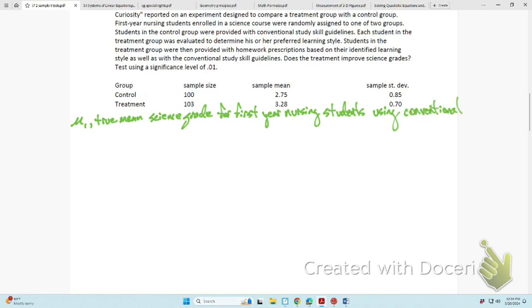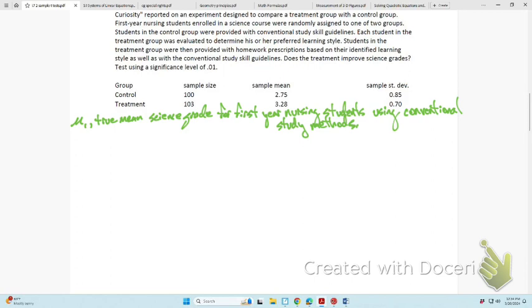True mean science grade for first-year nursing students using conventional study methods. You can say more if you want, but I think that is plenty.